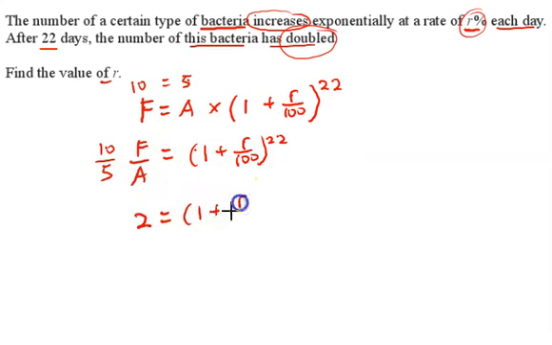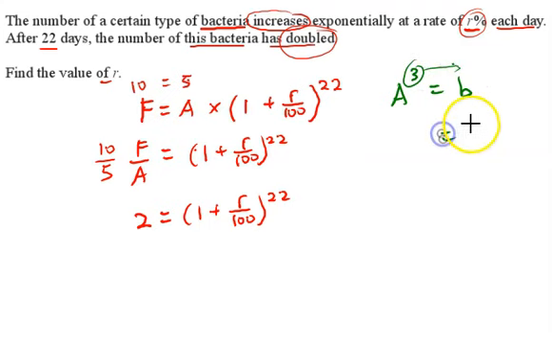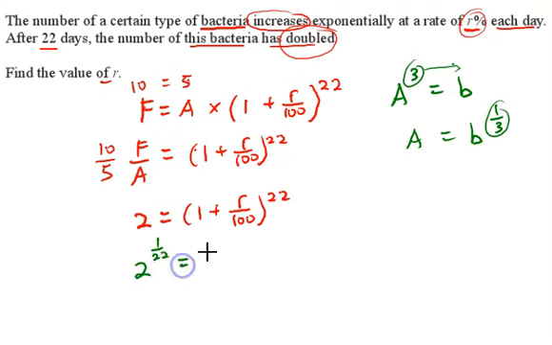Now there is a small hint I'm going to teach you on how to solve this type of question. Look here: when you have a power of 3, the 3 will move over and becomes 1 over 3. We are going to use the same method here. So here you have 2 to the power of 1 over 22.